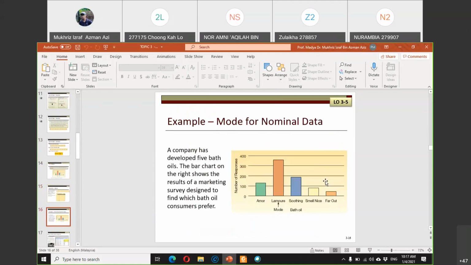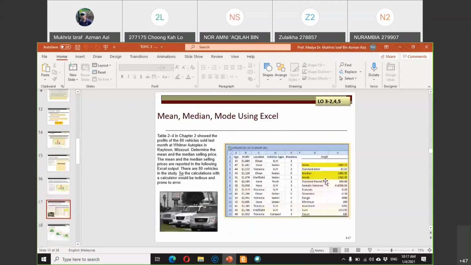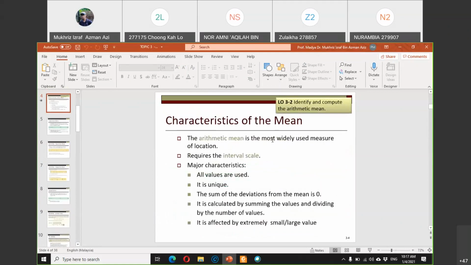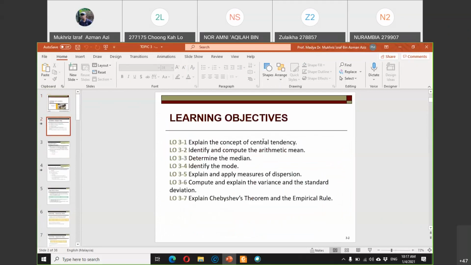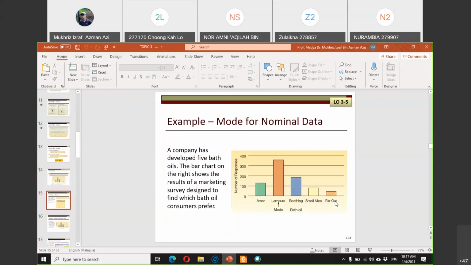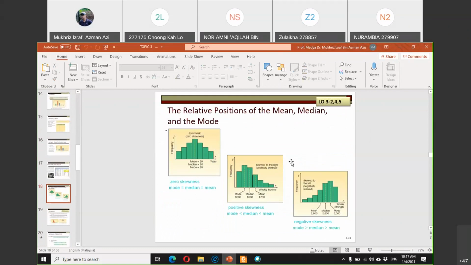Those 3 represent the measures of central tendency, which is basically looking at where your data is located in the middle of the observations. Then we also looked at the concept of skewness: zero skewness, positive, and negative skewness.